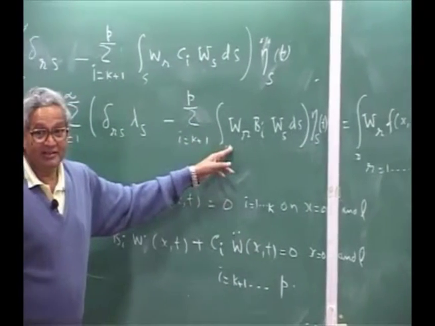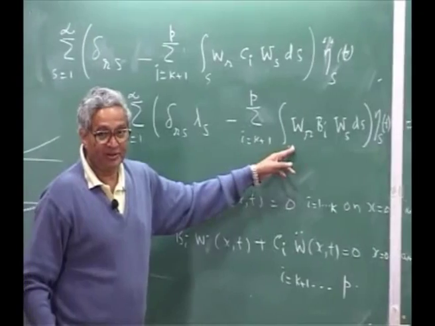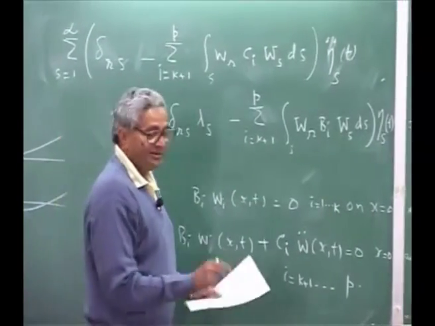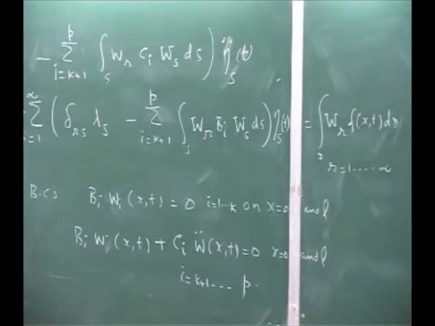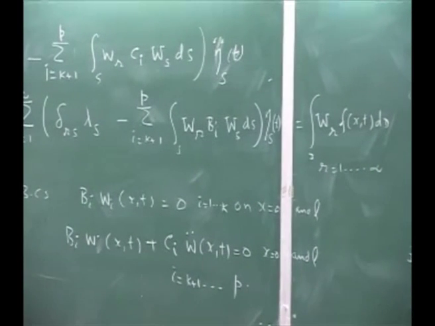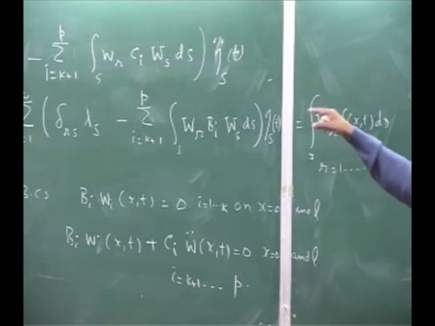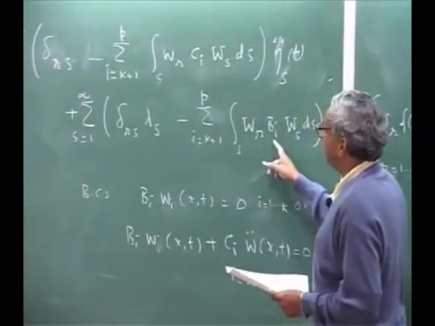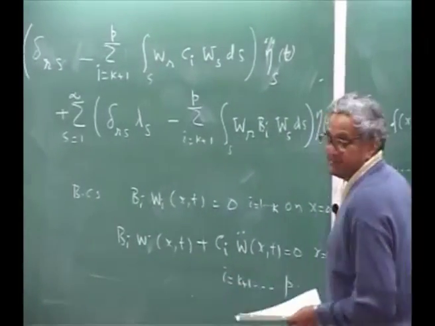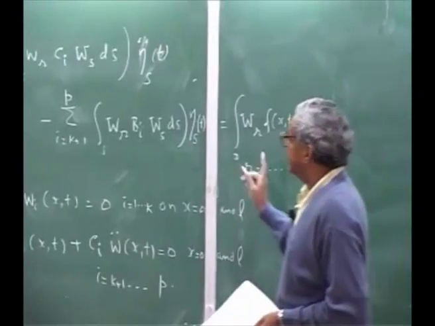Automatically this term will cancel out. Okay. Leaving behind very simple equation which will look like this. So that is why the boundary condition will come here to make sure that those terms cancel out.